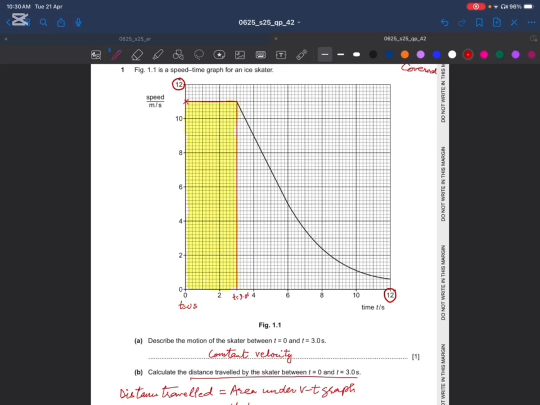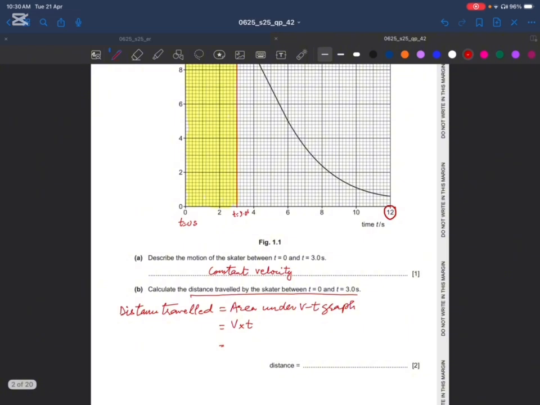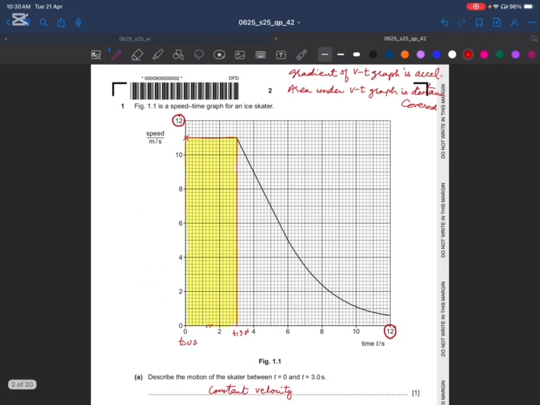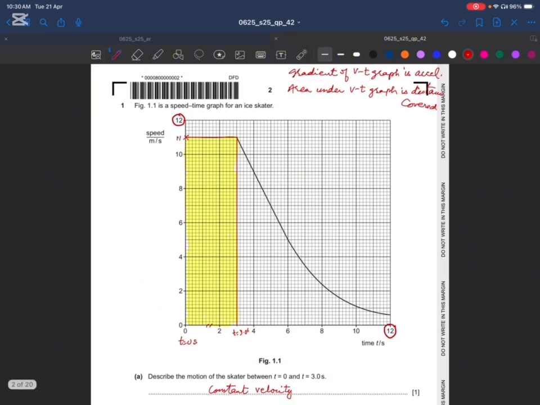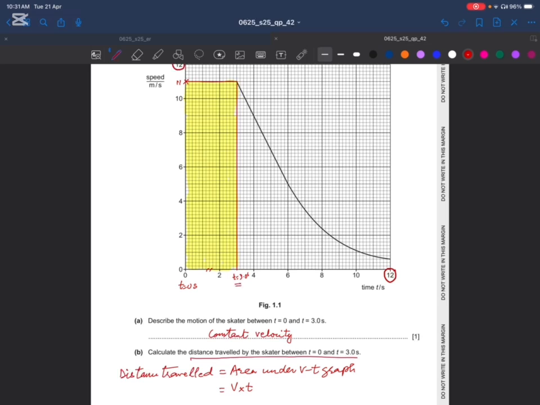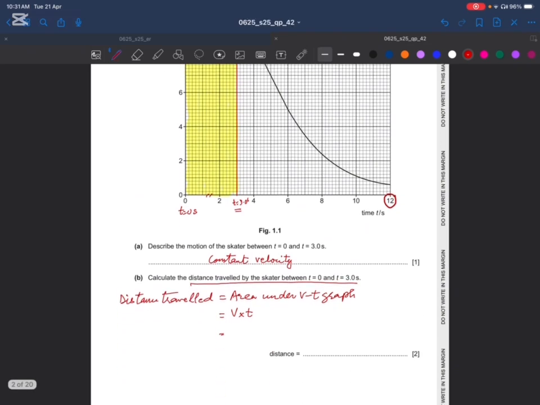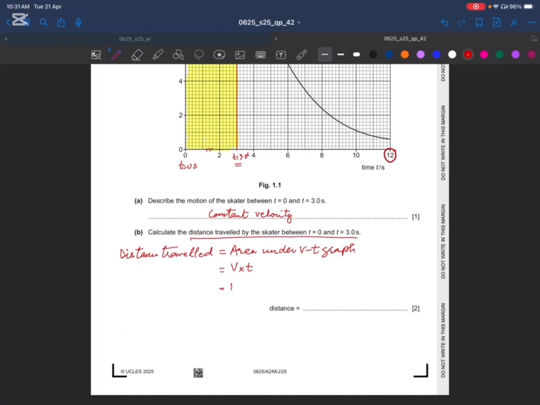You can check, and the value of time you can get from, obviously, from the x-axis. So over here this value is 11, and you already know that here you have t is equal to 3. So 11 multiplied by 3 will give you the answer, which is nothing but 33 meter.